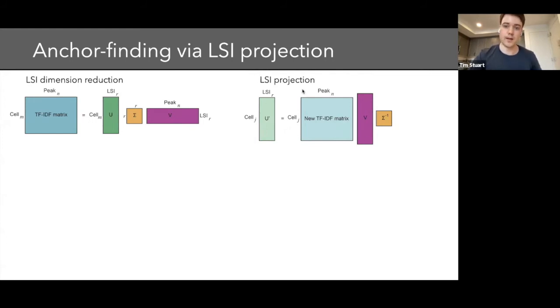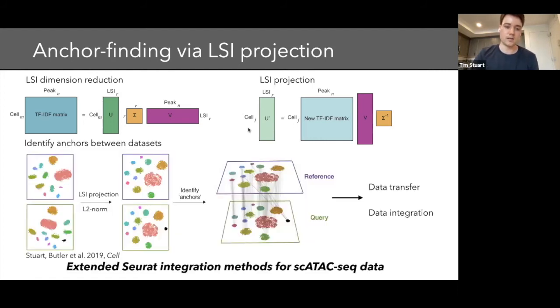So we have this LSI projection method that enables us to put different single cell ATAC-seq data sets into a shared space. And so what we've done now is extend the data integration methods that we've previously developed in the lab to use this LSI projection as a way of constructing a shared low dimensional space that enables us to identify anchors between data sets.